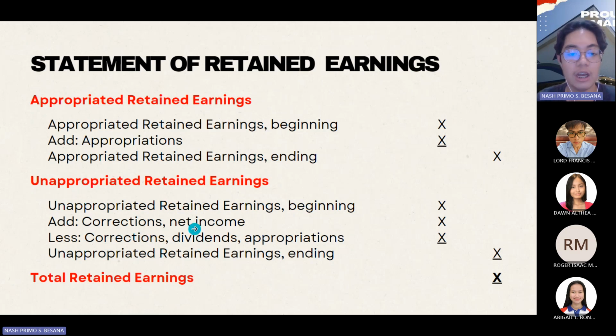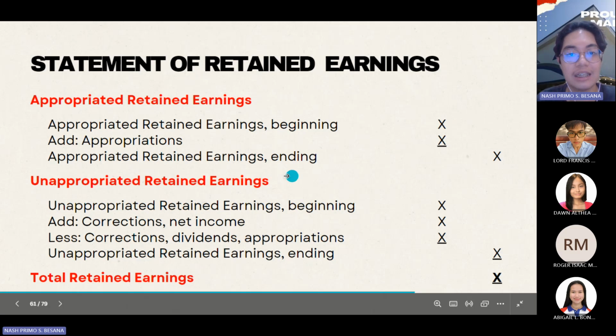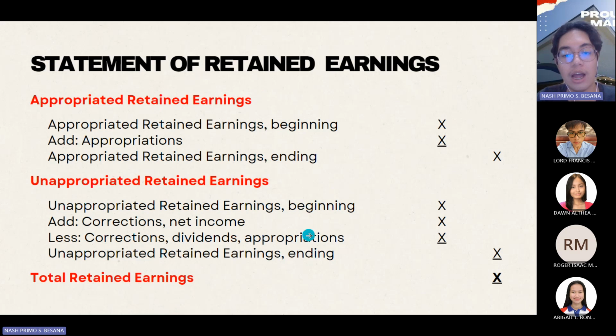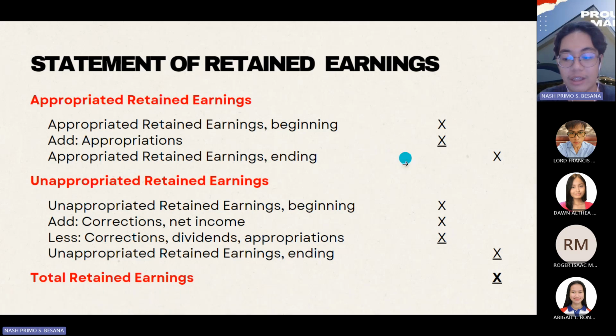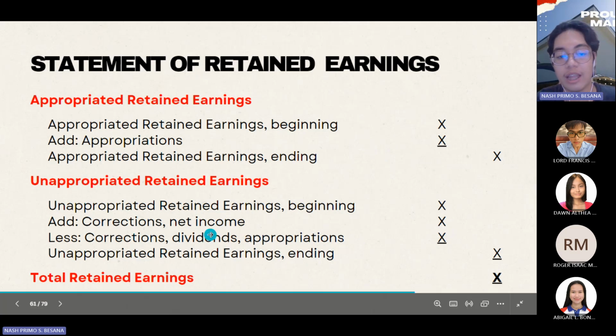Next is dividends. So yung mga dividends earlier, lahat sila merong debit retained earnings. Dito din yun magre-reflect sa statement na to. And then appropriations. So kumbaga, yung amount na nandito, tinransfer mo to appropriated. So mababawasan si unappropriated. That would yield us to unappropriated retained earnings na ending.